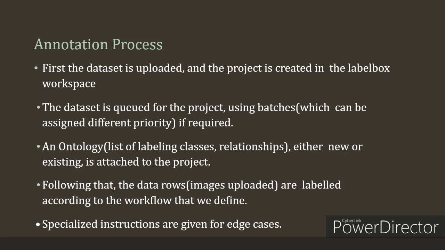Ontologies in Labelbox refer to a list of classes that are to be labeled along with the annotation boundary shape, that is, polygons, bounding boxes, straight lines, etc. It also contains relationships. One such ontology, either new or existing, is attached to the project. After this, the images are annotated according to a workflow that we design based on our guidelines. Specialized instructions are also provided for edge cases.